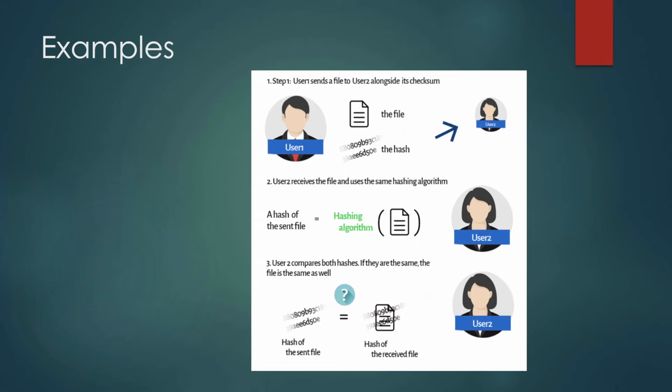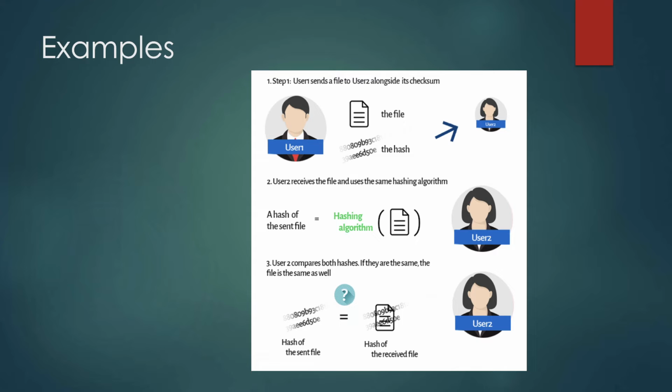Now, I found this little map on the internet that makes it really easy to understand. User 1 sends a file to user 2 alongside the checksum. The checksum is what is used to verify the file. Now, the file and the hash are sent to the user. And now that the user has the file, they themselves use the same hashing algorithm.